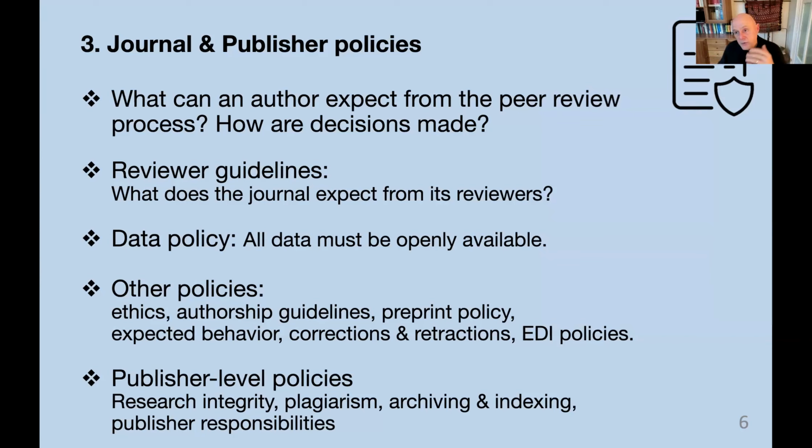So there's this difference between publisher level policies and journal level policies. If you don't have a publisher, of course, you will have to look into those as well. But again, these are not hard to find. These are things that you can easily set up. But it is part of the checklist that you need to have. This is what you really need to have when you do a journal.